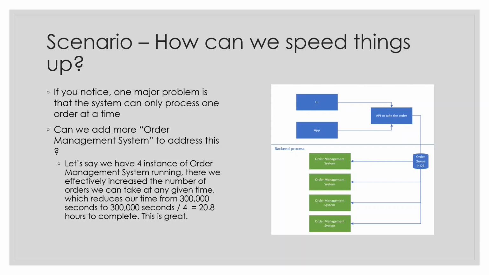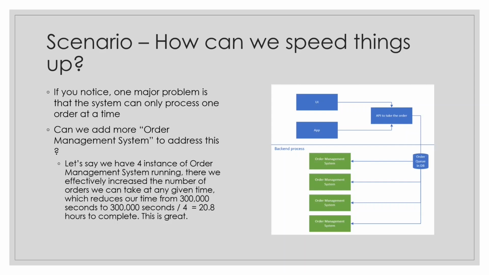So let's say we achieve all of that, and then we increase the instance count to, let's say, 4. Then what we have done is effectively reduced the overall time by 4. For example, in the previous scenario, it took us 300,000 seconds to process all the orders on a given day. Now it would be reduced to 20 hours, which is great, considering previously we took 3.5 days to process them, but now we are only taking 20 hours.